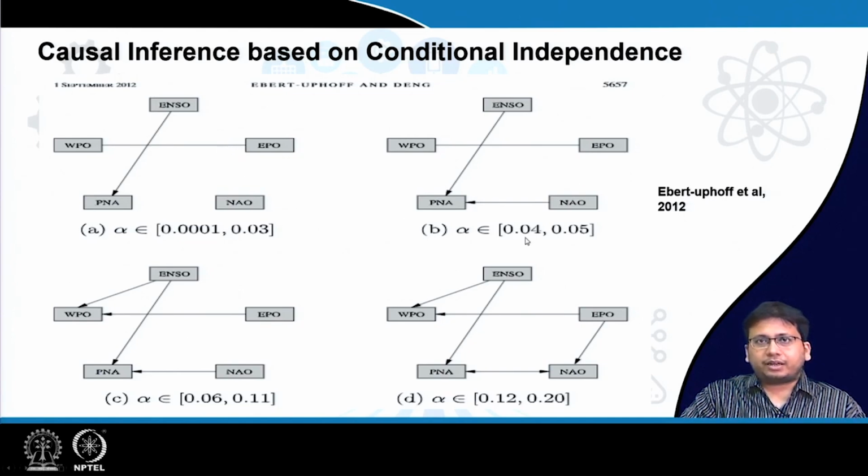Then for slightly higher values of alpha, a few more edges may pass the test, and as we go on increasing the value of alpha, we see that more and more edges are being inserted, because that is impacting the results of the conditional independence tests.